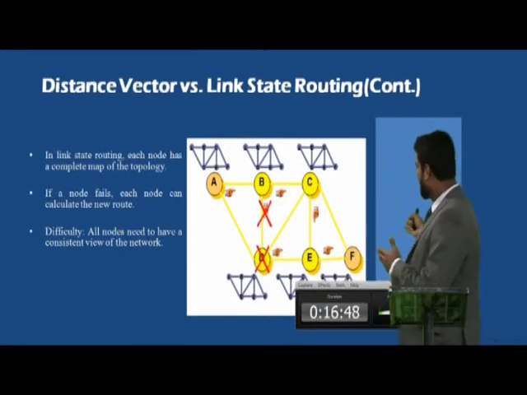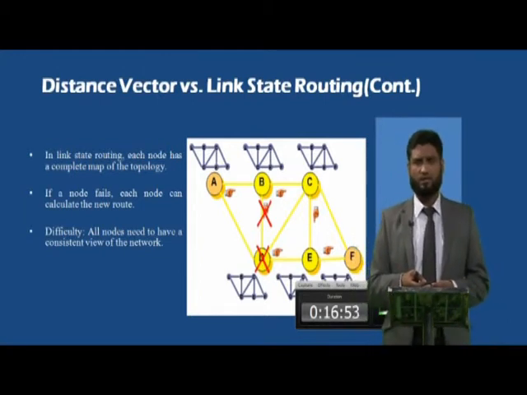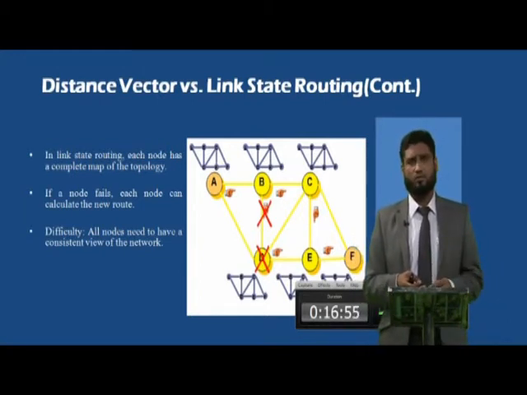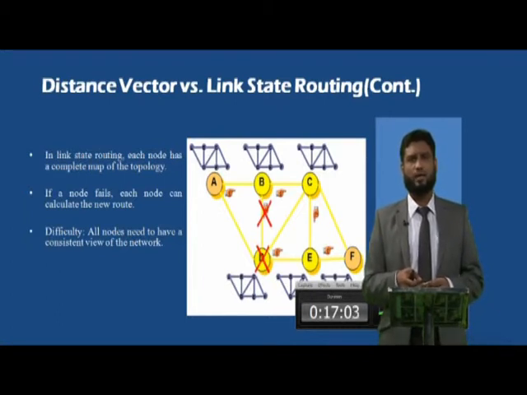In this figure you can see there are some drawbacks also. Sometimes if some links fail, it has to think again and recalculate information. Also, link state routing protocols have faster convergence time, while for example RIP has slower convergence time.